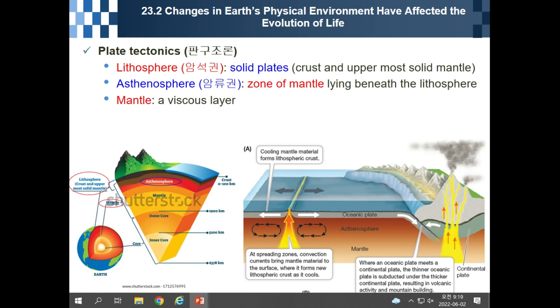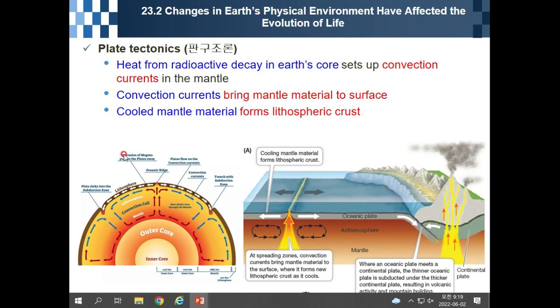After that, in the Earth we have the core region. In the core region, radioactive decay always happens, so it makes heat. The heat sets up a convection current in the mantle.